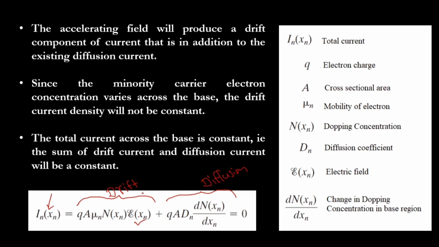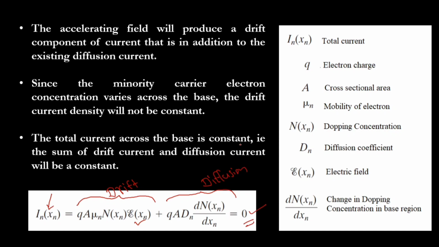At equilibrium we know that the total current is equal to 0. That's why I mentioned 0 here. This condition I have written at equilibrium, right? In all other cases the total current will be the sum of drift and diffusion, but in the equilibrium state the total current will be 0. Then I can write drift current plus diffusion current is equal to 0.